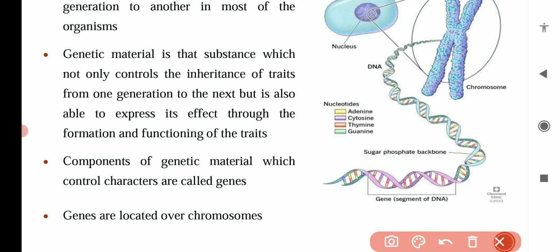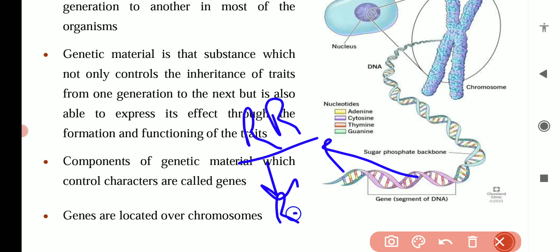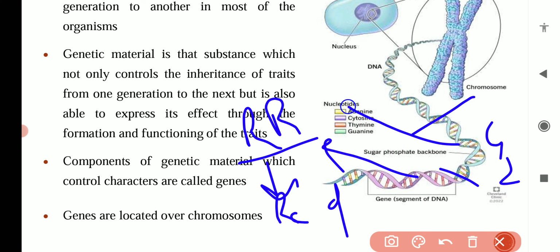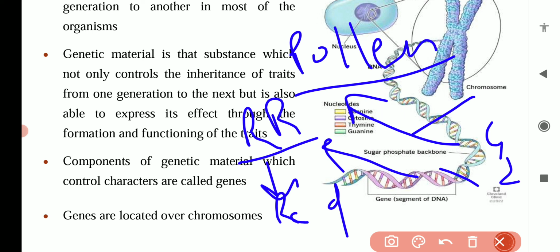The components which control the characters, which make the characters, are known as genes. So for each character, a gene must be present. Suppose gene 1 is the RR gene, and it is responsible for red color development. Suppose gene 2 is responsible for pollen grain development, and so on.